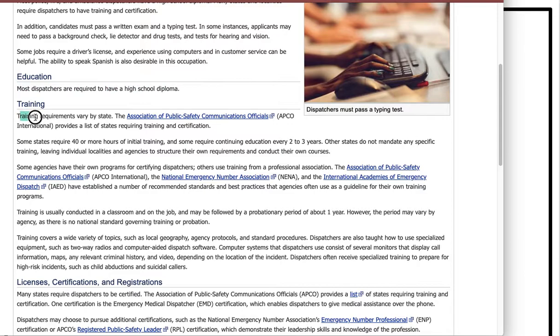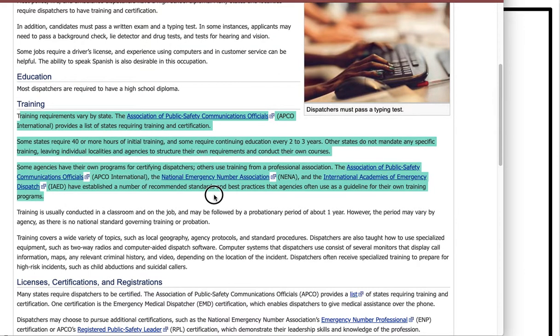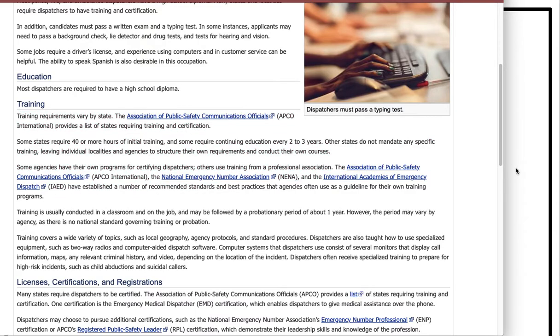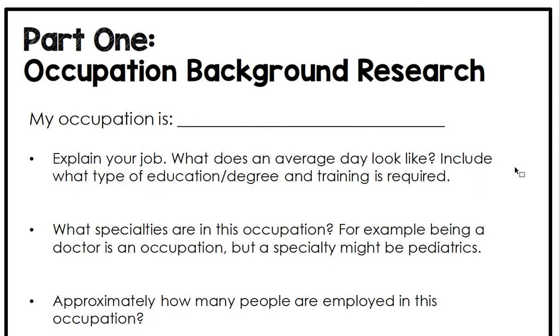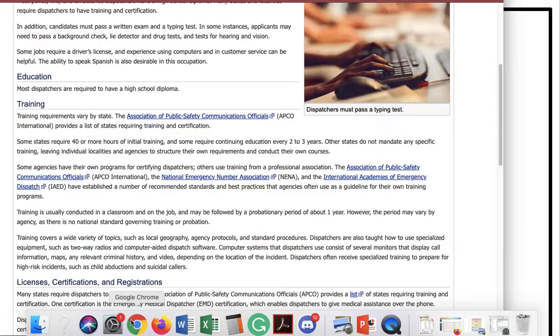Training varies by state. So I would read this, and then I would take that and put that in here. So you may not have enough space, so you may need to have another document, Google Docs or something, where you write down, summarize that information.